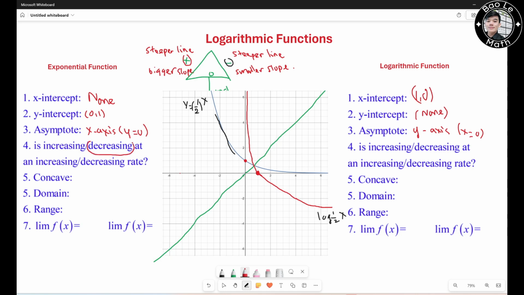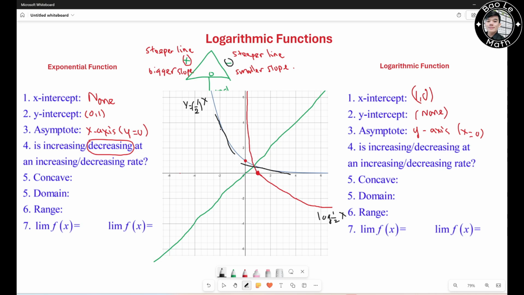Now, I draw another tangent line to see if the function is decreasing at an increasing rate or decreasing rate. So I draw the next tangent line right here. Now I compare the slope of this guy and this guy. I see that the line is less steep, the slope is bigger.